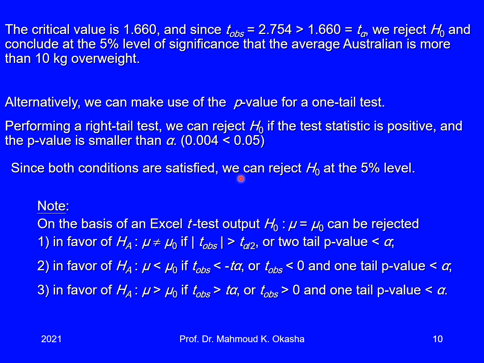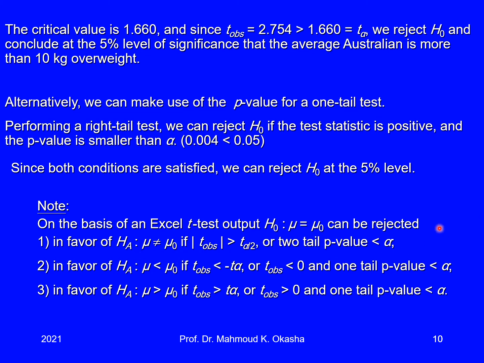Note, on the basis of the Excel t-test output, we can reject the null hypothesis mu equals mu naught in favor of the alternative hypothesis.